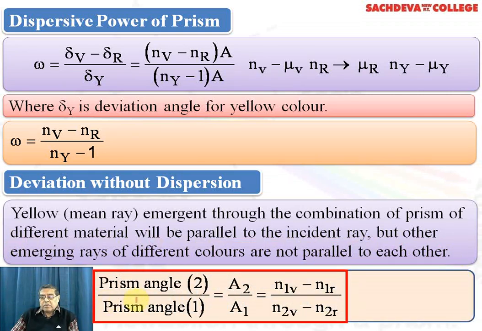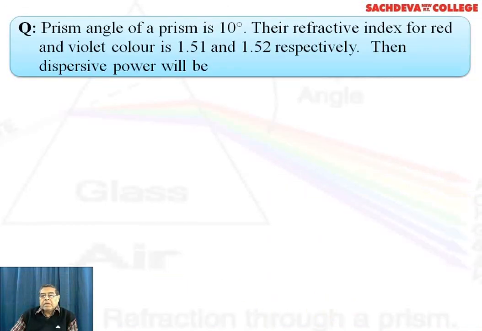So prism angle 2 divided by prism angle 1 is equal to A2 by A1, then refractive index 1 for violet minus refractive index 1 for red divided by refractive index 2 for violet minus refractive index 2 for red.